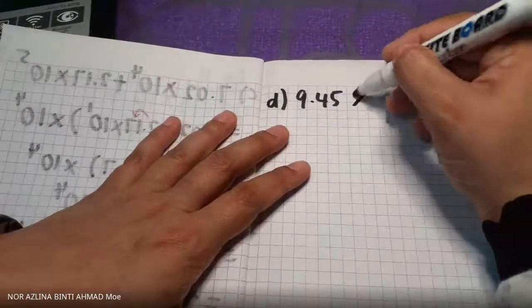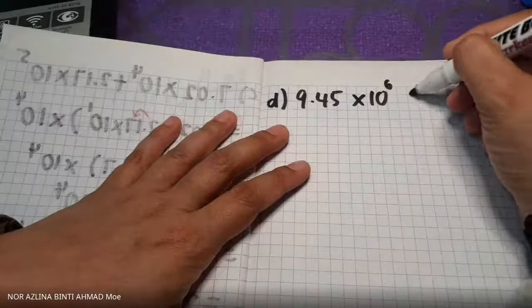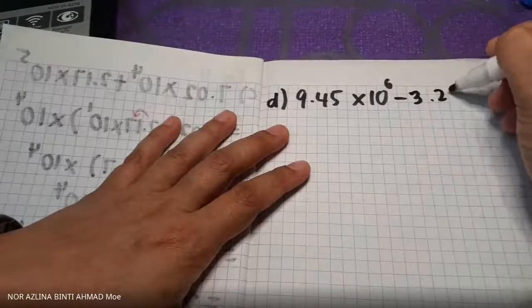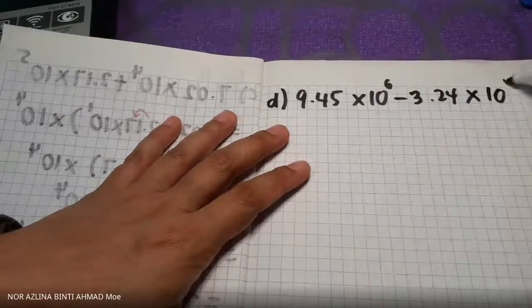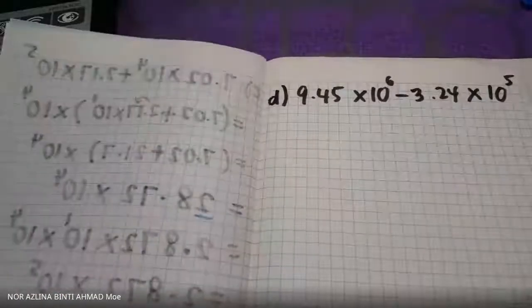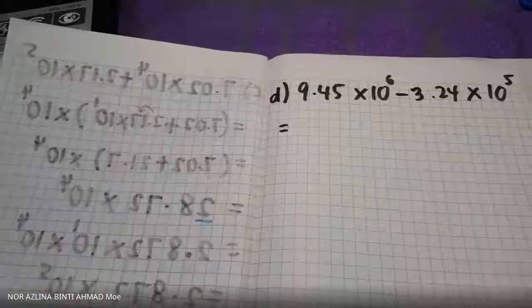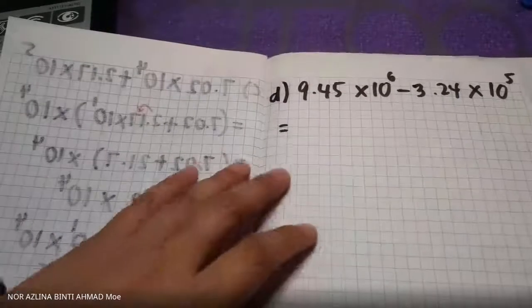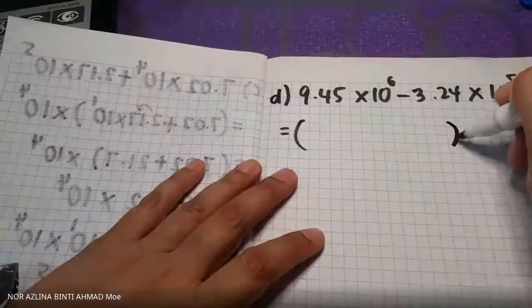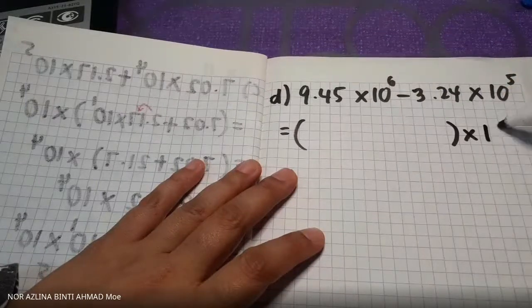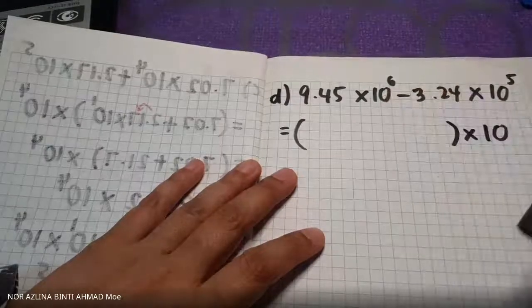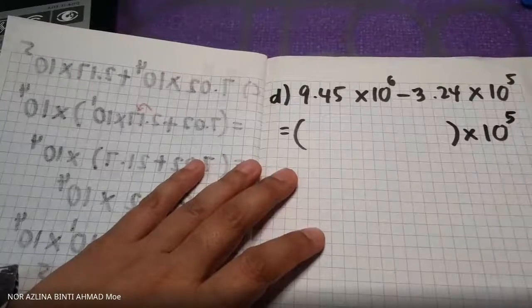9.45 times 10 to the power of 6 minus 3.24 times 10 to the power of 5. Okay. We factorize the smallest index. So this is times 10 to the power of, what is the smallest index? 10 to the power of 5.